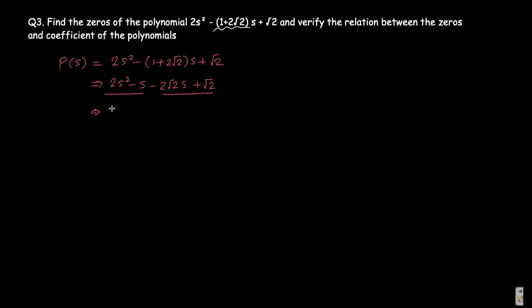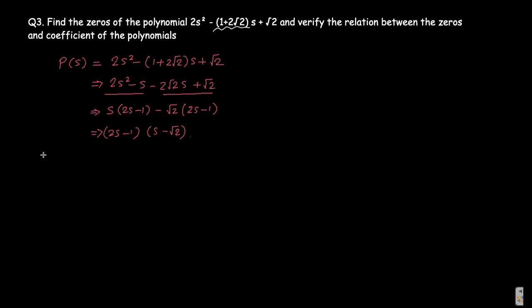Taking s common, 2s minus 1, and here we can take root 2 common, it is 2s minus 1. So it becomes (2s minus 1) and (s minus root 2).